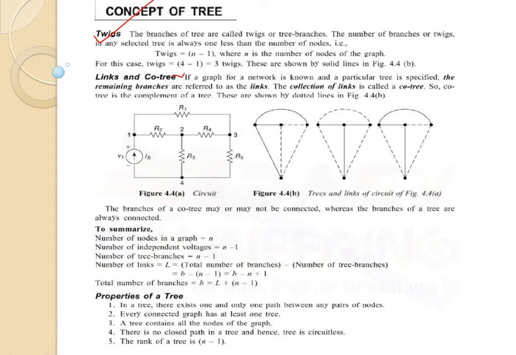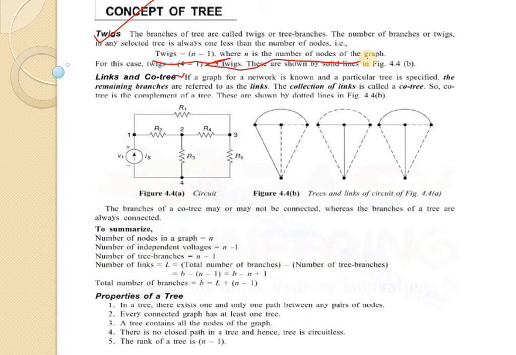The number of branches or twigs in any selected tree is always one less than the number of nodes. That is, twigs equals n minus 1, where n is the number of nodes of the graph. For this case, the twigs are 4 minus 1, that is 3 twigs.